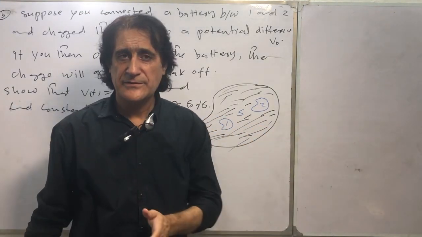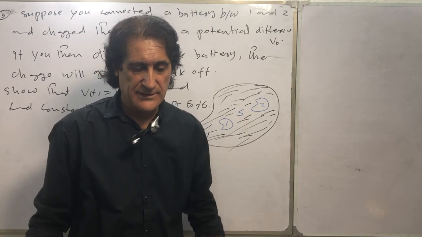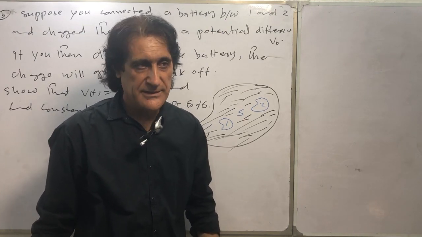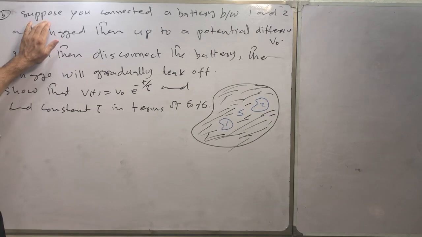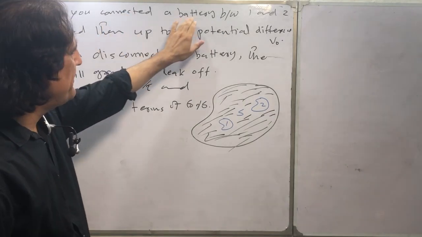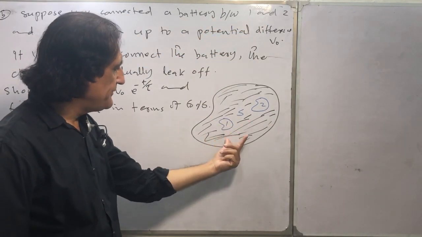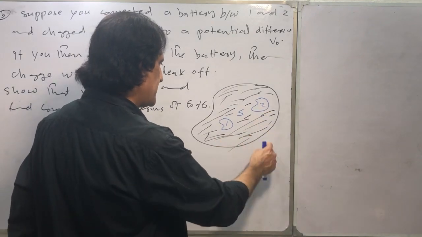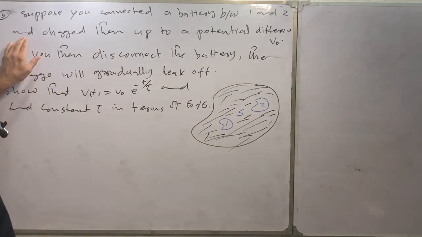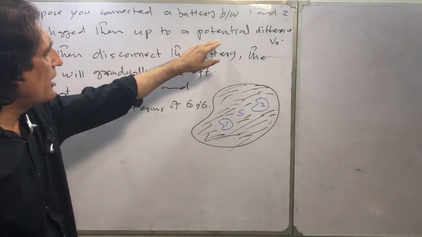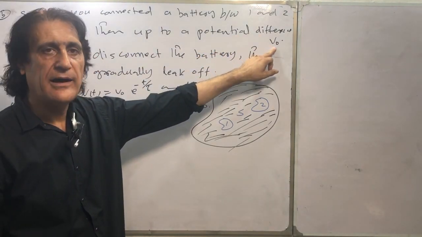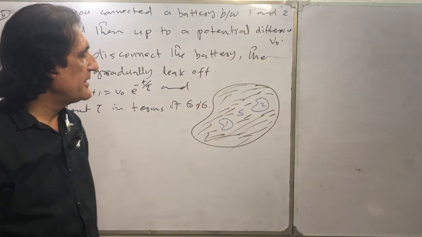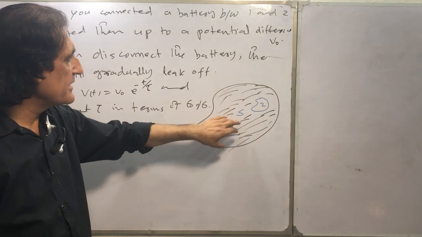This is the second part of this problem 7.3, and it states: suppose you connected a battery between 1 and 2 and charge them up to a potential difference V naught, just like a capacitor.